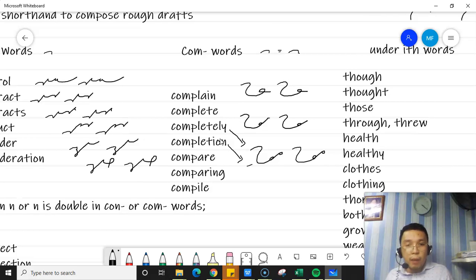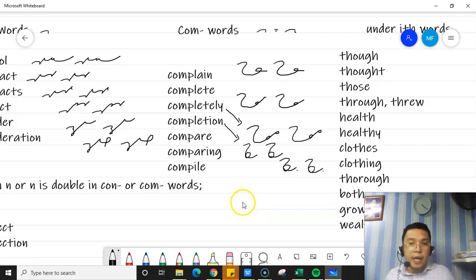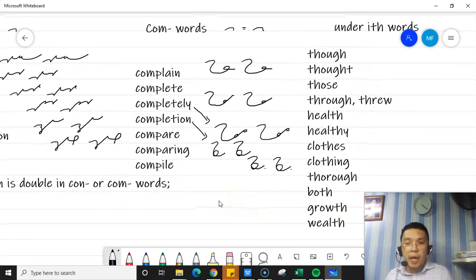So just simply P-A-R, compare. Comparing, P-A-R, then the word ending ing, comparing.